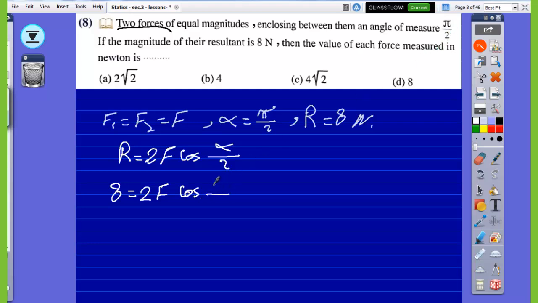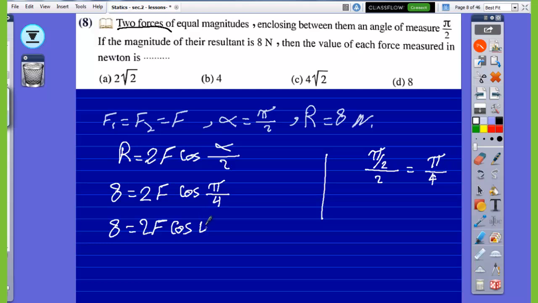So we have cosine pi over 2 divided by 2 equals pi over 4. And we rewrite it, 8 equals 2F cosine pi over 4, it is 45 degrees. So dividing both sides by 2, here we have 1, here we have 4.